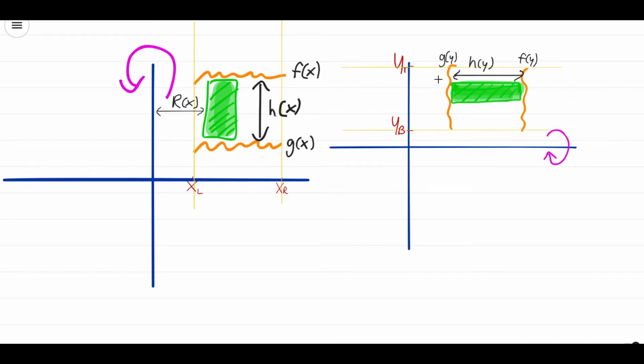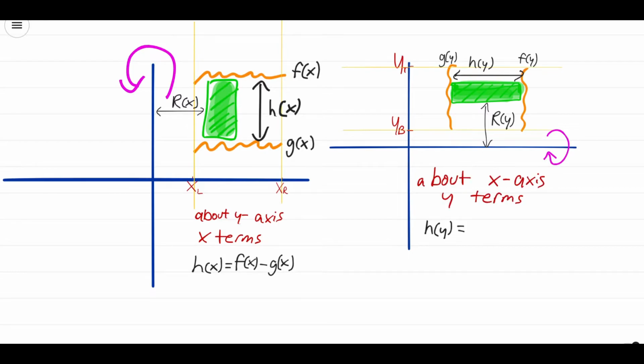The difference between the two of them is our h of y. Our r of y is simply the distance between the axis of revolution and the disk. Again, about the y-axis, we use x terms, and h of x is equal to f of x minus g of x. About the x-axis, we use y terms, and h of y is equal to f of y minus g of y.